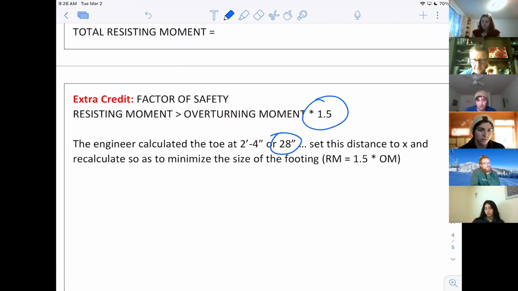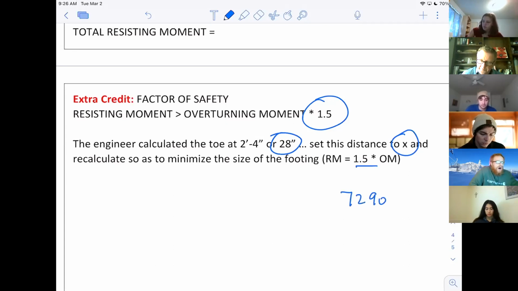So the extra credit is, could you actually set that distance from 28 to X? If you leave the heel alone, could you set that distance to X and actually figure out what that would be, so that your answer is actually 1.5 times bigger? If I take 4860 times 1.5, I get 7290.